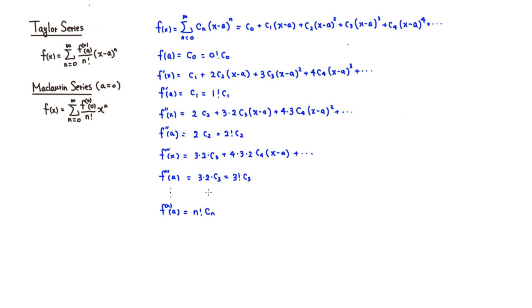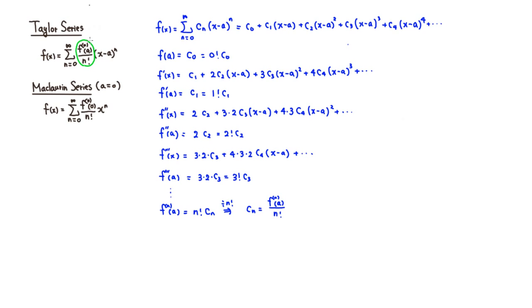Remember that we're looking for Cn, so I'm going to divide through by n factorial, so that Cn is equal to the nth derivative evaluated at a, divided by n factorial. That's where the coefficient of the Taylor series comes from.